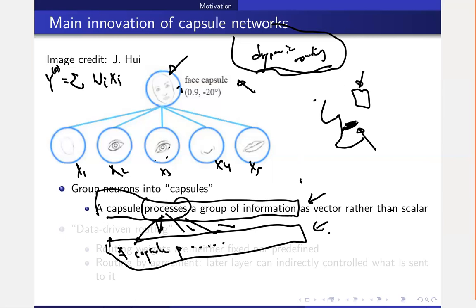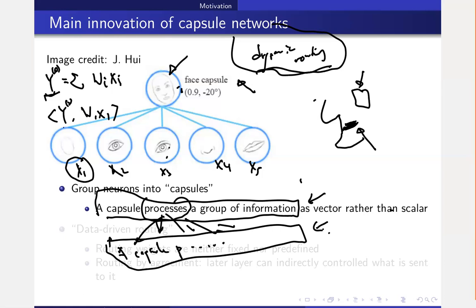Now with this one, we can do the dynamic routing. We have this representation for this guy, and now we can go back and redo this again. Now we have X1 and I again multiply by W1 here. But now I'm trying to see whether this matches well with this guy, right?